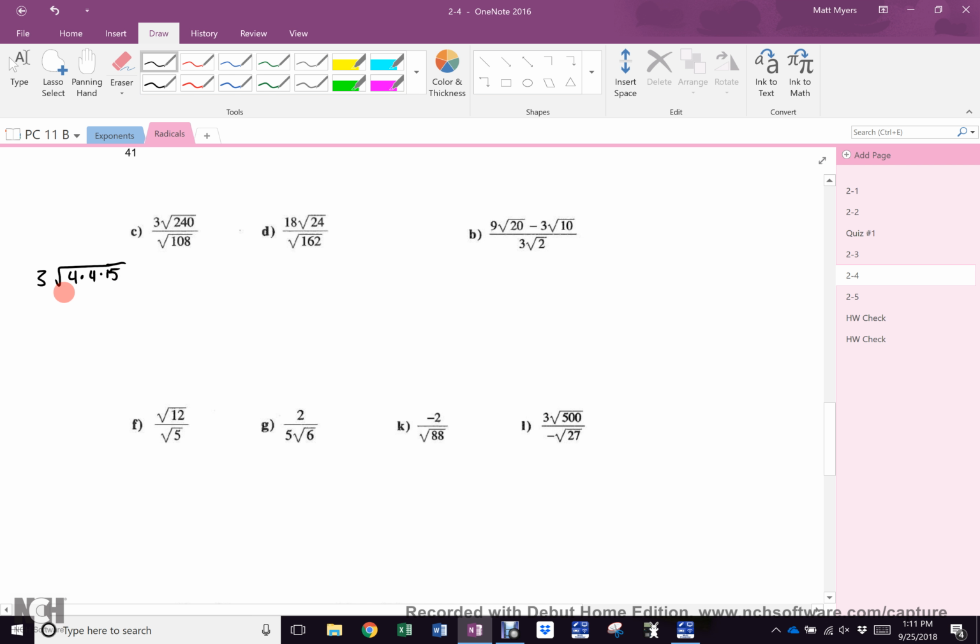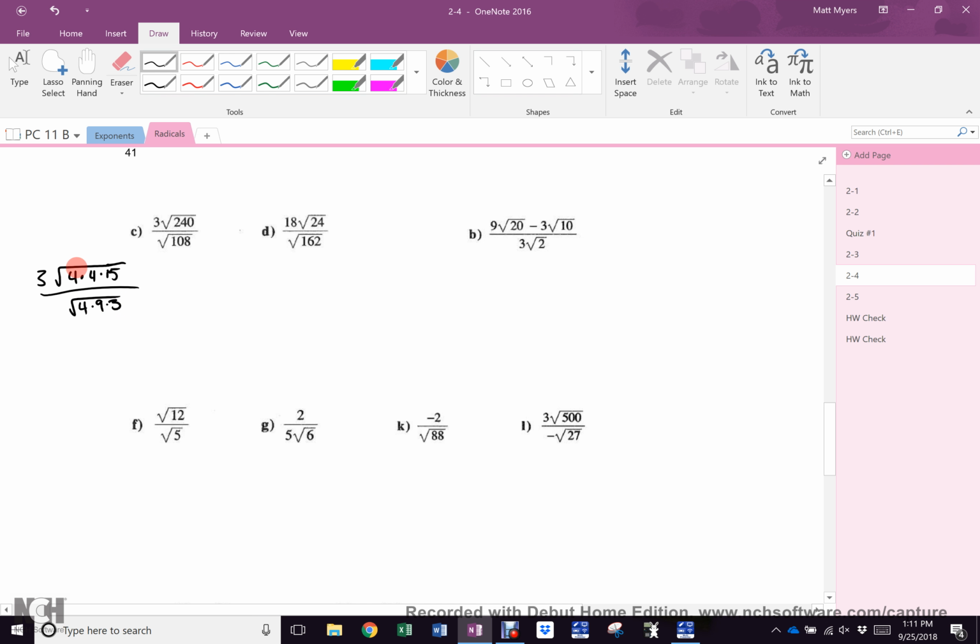Yes. So out comes, and that on the bottom is 4 times 9. 4 times 4 times... No. 16 times 9? No. 27 times 4. So 4 times 27, which is 4 times 9 times 3.